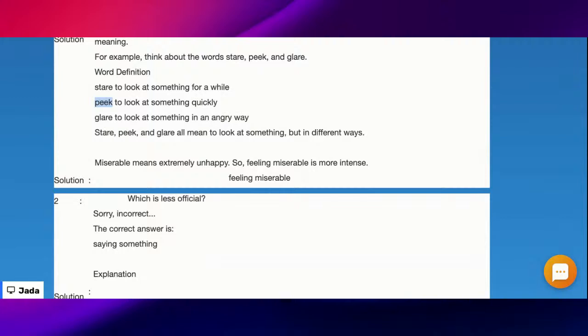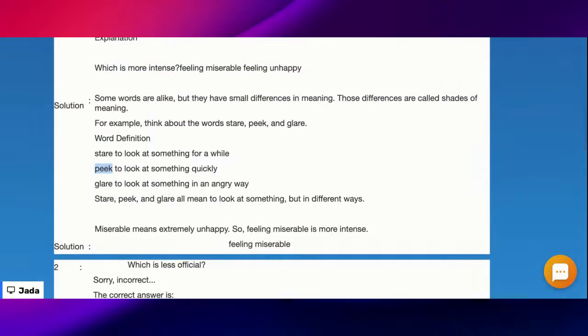If you glare at someone, you're looking at the person in an angry way. So in general, you see that all of them mean to look at something, but in different ways. We look at people, but we can look at them in different ways. Okay, so that's it about shades of meaning. The words have almost the same meaning, but with just a small difference added to them.